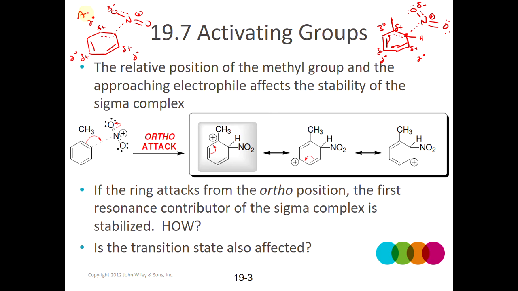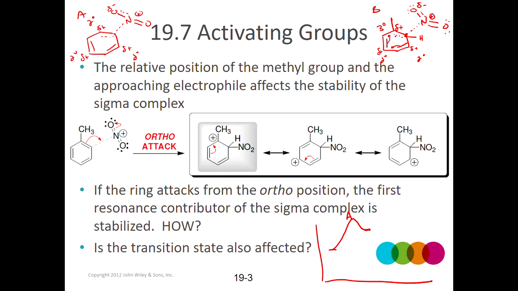So if we call this A and this B, and we were to look at the reaction coordinate diagram for this reaction, just looking at this key slow step of the process where the aromatic ring attacks the electrophile, for A, since the transition state has all of the partial charges forming on secondary carbons, it's relatively unstable. And so is the intermediate that forms. And so that would be if benzene were the reactant attacking the nitro group.